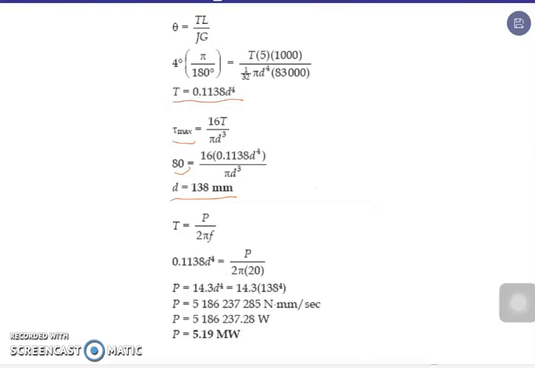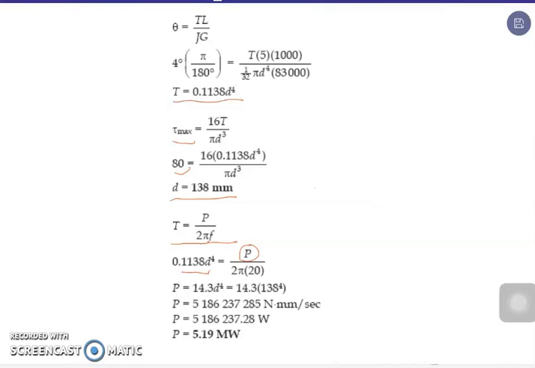Now we can compute the power transmitted by the shaft. Using this equation, T is equal to P over 2 pi F. So our T, 0.1138 d to the fourth, is equal to P over 2 pi times F, which is the frequency, 20 Hertz. Therefore, we have this value for our P, which is 14.3 d to the fourth.